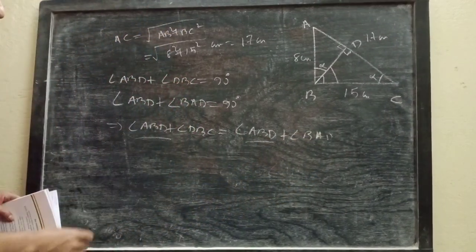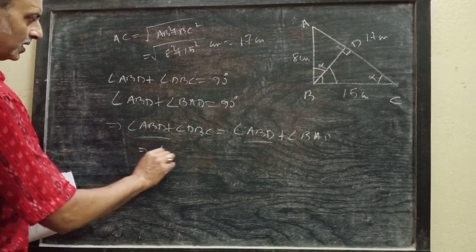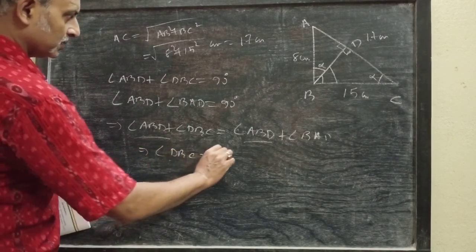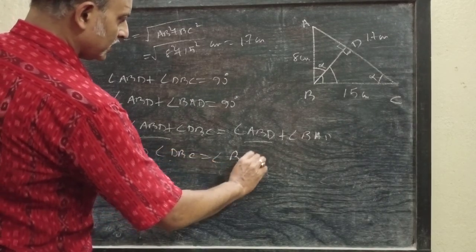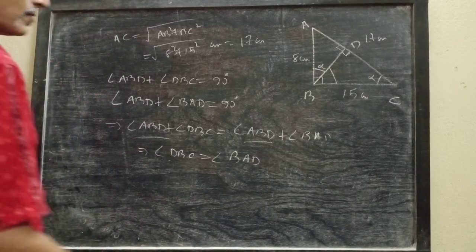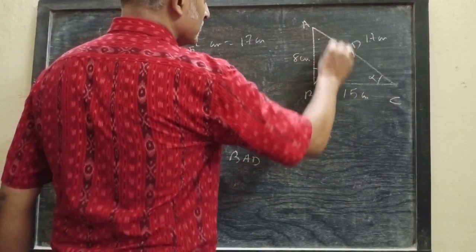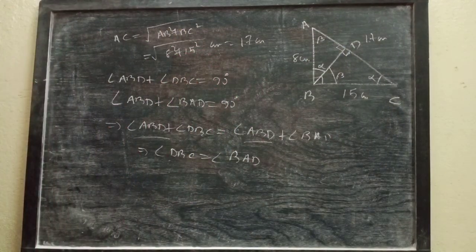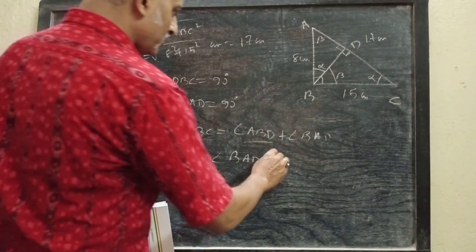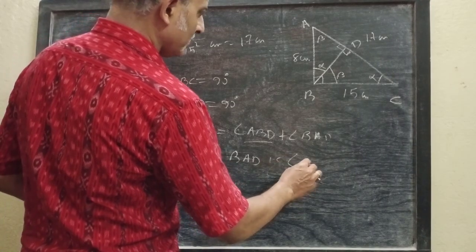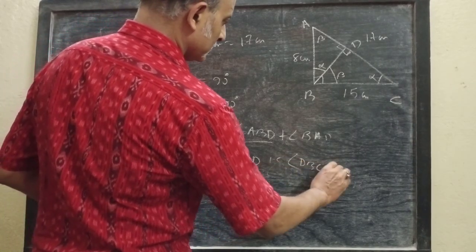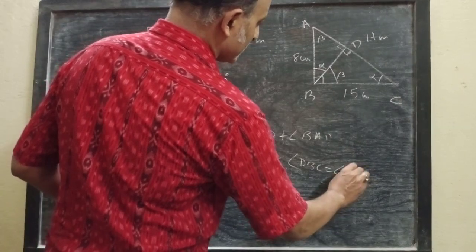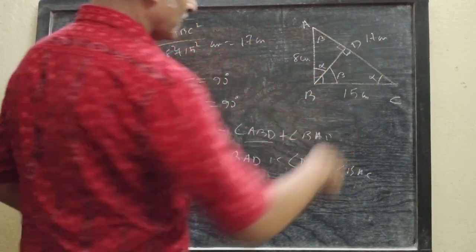Now we cancel ABD from both sides, so we get DBC equals BAD. This angle equals this angle. So if we consider this angle as beta, this angle will also be beta. So we get angle DBC is actually angle BAC, total angle BAC.